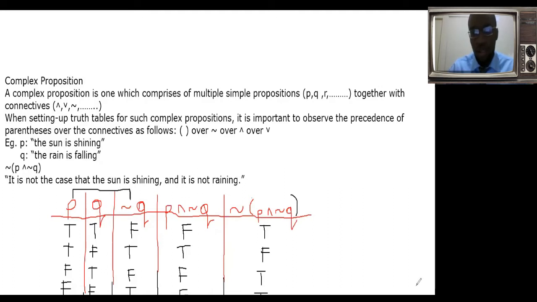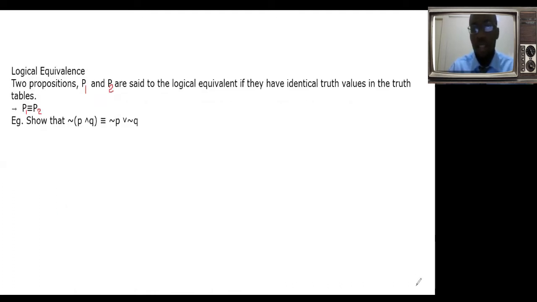Now, the next thing that we're going to look at is logical equivalence. Logical equivalence just means that two statements are pretty much identical. The only way that these two statements are going to be identical is if they have the same truth value.